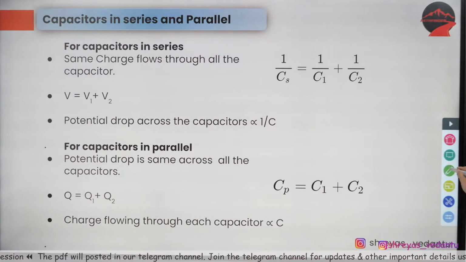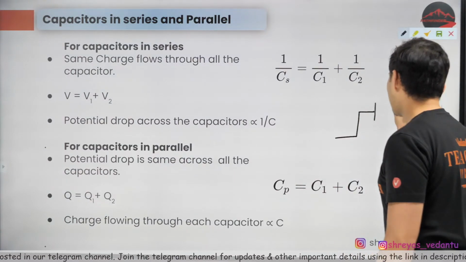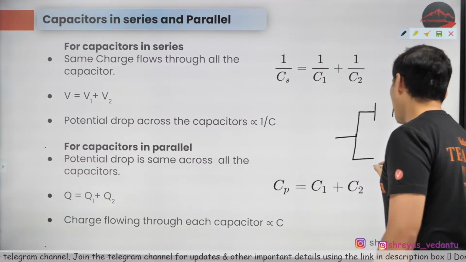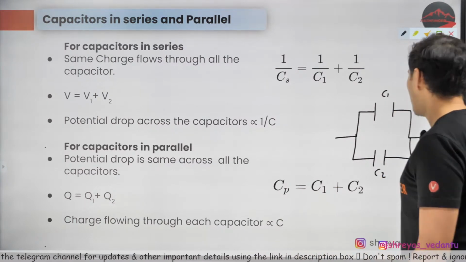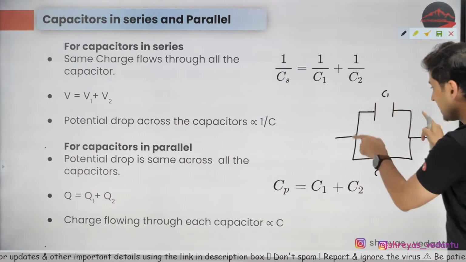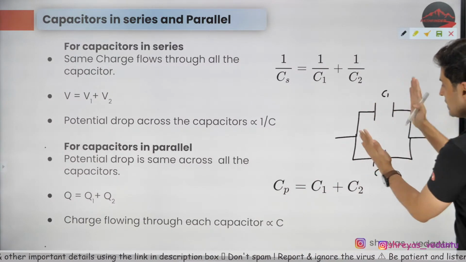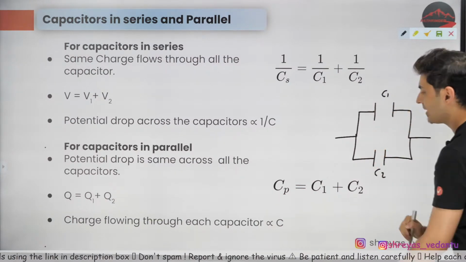So think of capacitors in parallel like this. You have one capacitor here and another capacitor here. You could have many more capacitors like this, C1, C2. So in this case, understand the effective capacitance will be just C1 plus C2. It's like combining both the plates here and here together, you get one big capacitor.